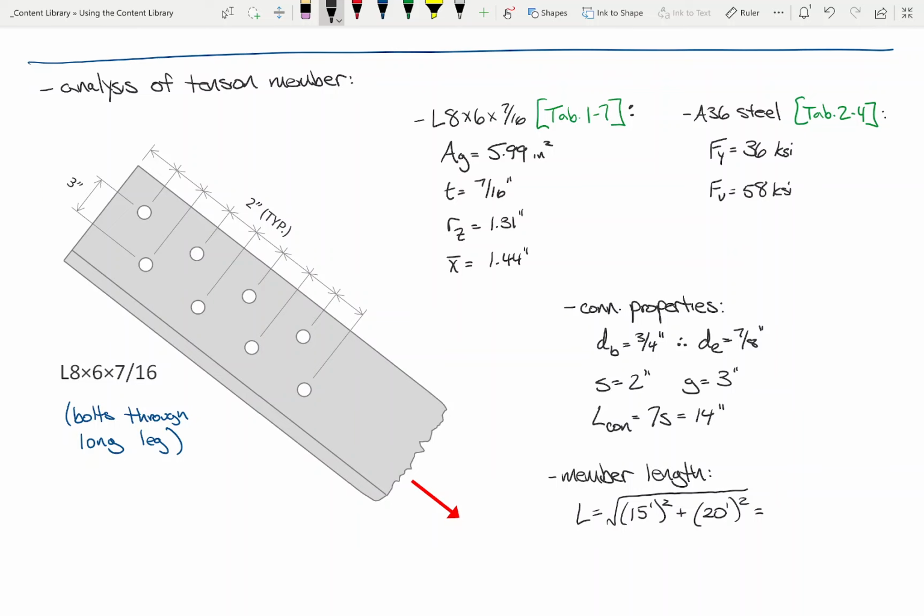And so that's going to be, what, 25 feet? Is that a useful value for our slenderness calculation? No, 40 inches. 25 feet is 300 inches. Okay. All right.